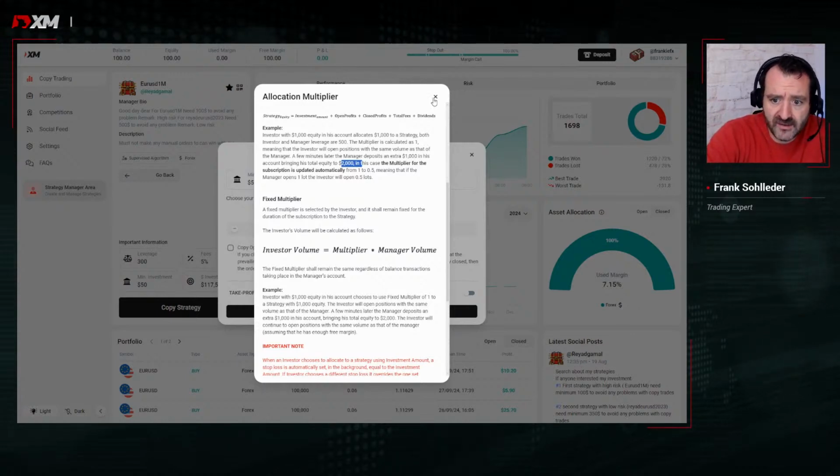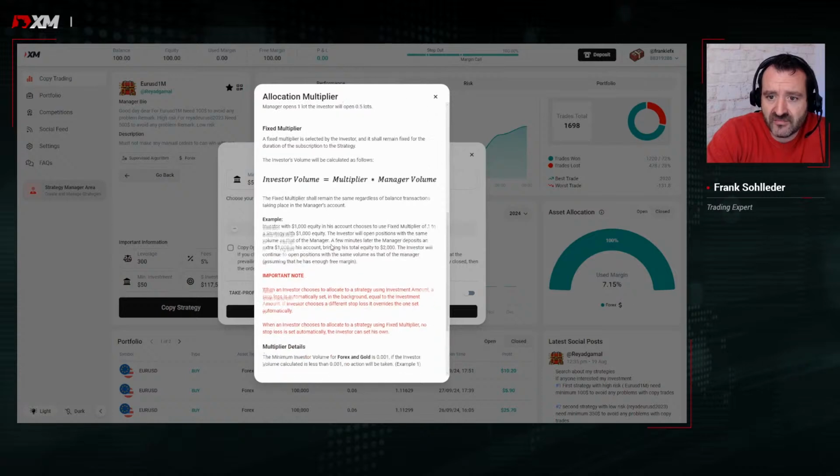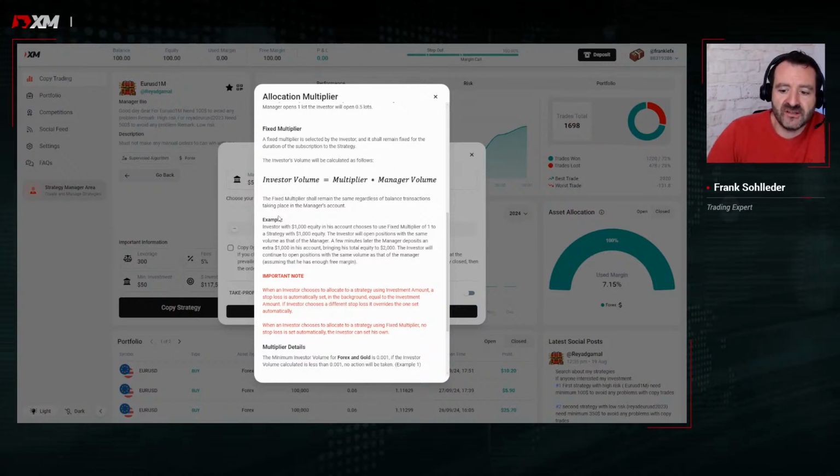So in this moment, if everything goes fine, there's the fixed multiplier, for example. With the fixed multiplier, you can say, I would like to copy the trades one by one. If you copy the trades one by one, that means that even with a smaller account size, you get the same position size. And that could lead into an over leverage, of course, right? It could really lead into an over leverage.